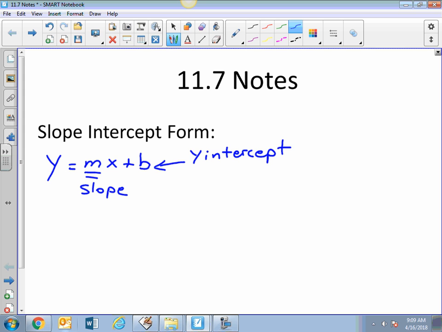All right? So the y-intercept, what that means is if you were to look at a graph, and everything we're talking about is a linear equation, which is a line, it would have two different things. Number one, it would have a y-intercept, which is known as the b.